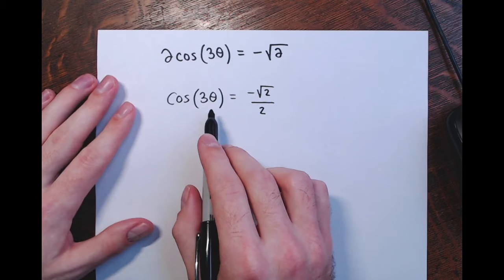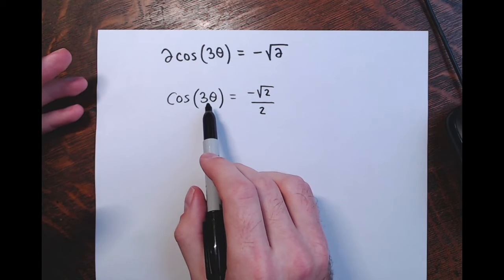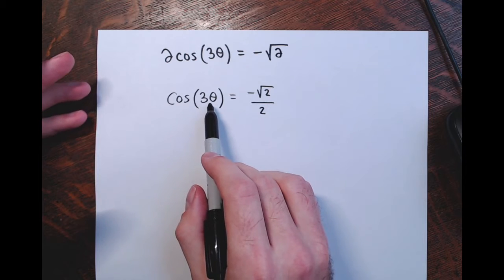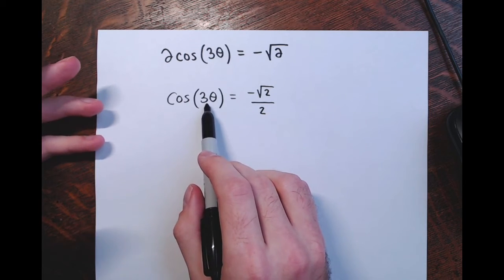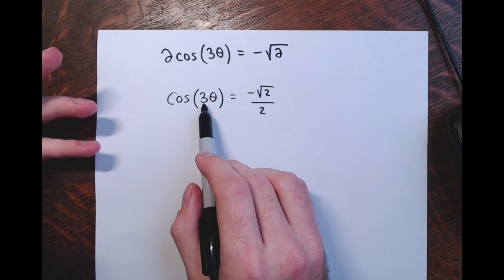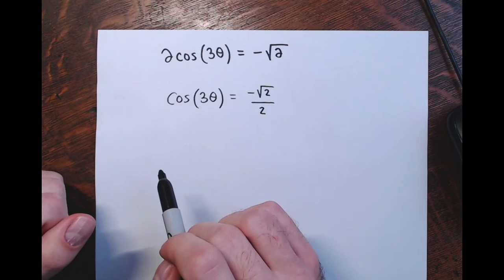And here's where it gets a little different, right? I want to have this be like our original linear equations, when there was just theta or just alpha or just beta. Just a single letter in here and not a multiple of it. 3 times theta or 2 times theta.